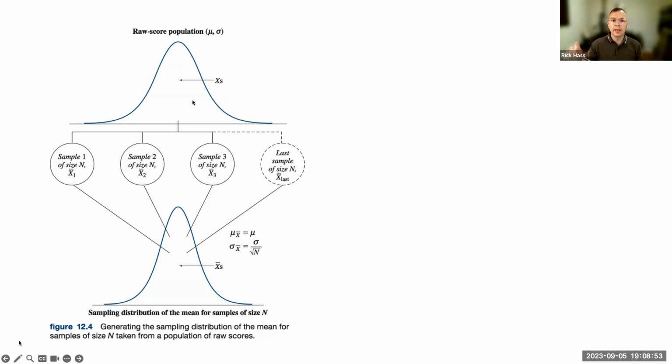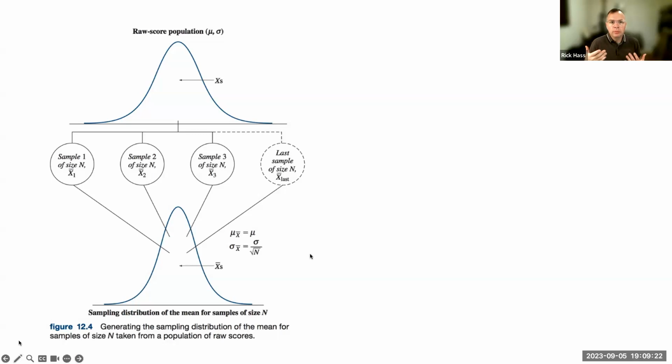We've randomly sampled 100 of these X's, and they become our sample. We compute the sample mean from those 100 people. The question we want to answer is, what is the overall distribution of that sample mean? Where did that come from?